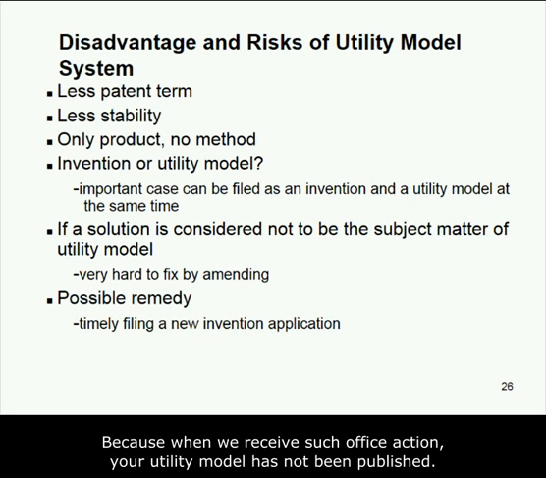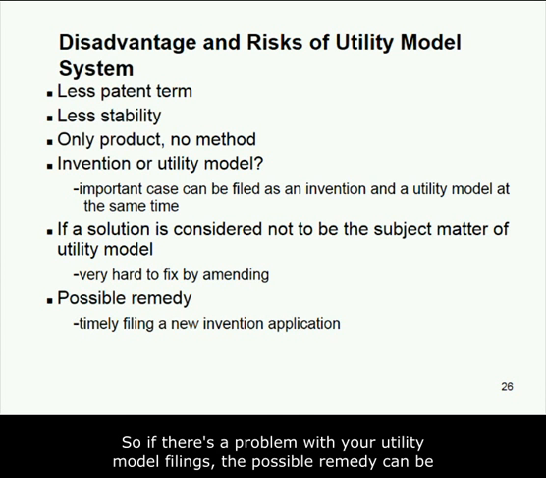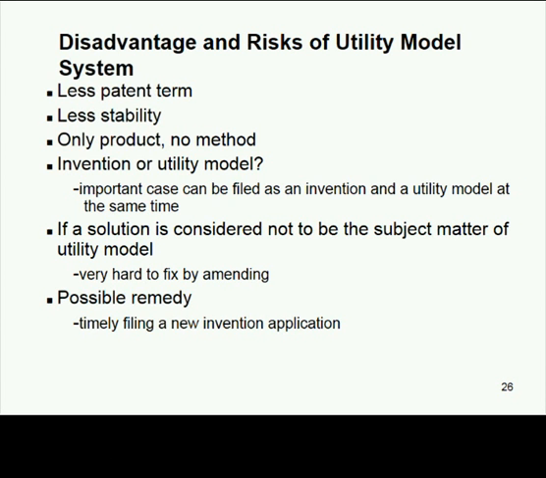Because when we receive such an office action, your utility model has not been published. So if there's a problem with your utility model filing, the possible remedy can be to file a new invention application. But the standard of inventiveness is higher.